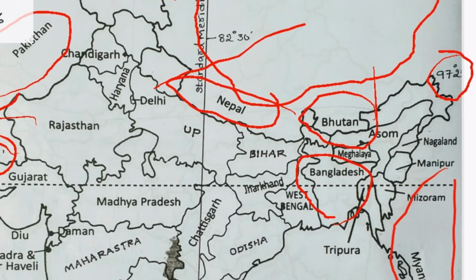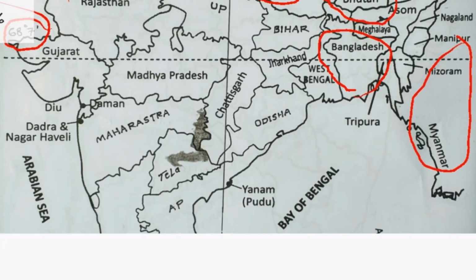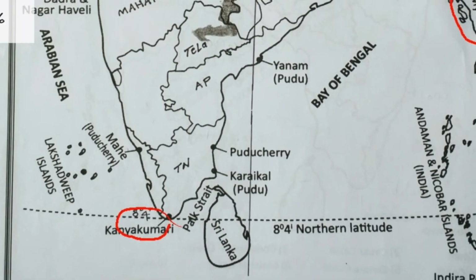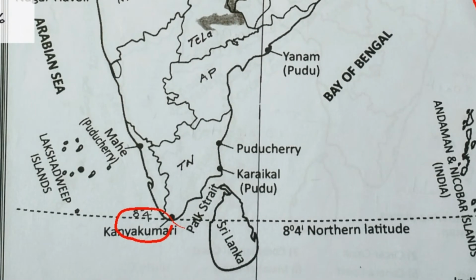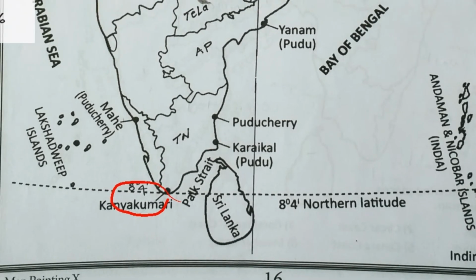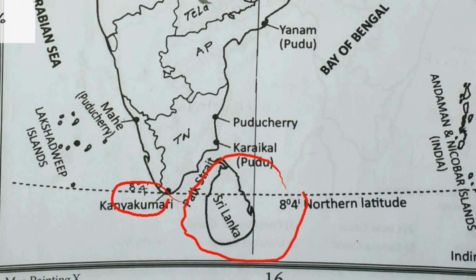This is Myanmar. And if we move to the south, there is a small island country, that is Sri Lanka. Here Sri Lanka is located on the south side of India.